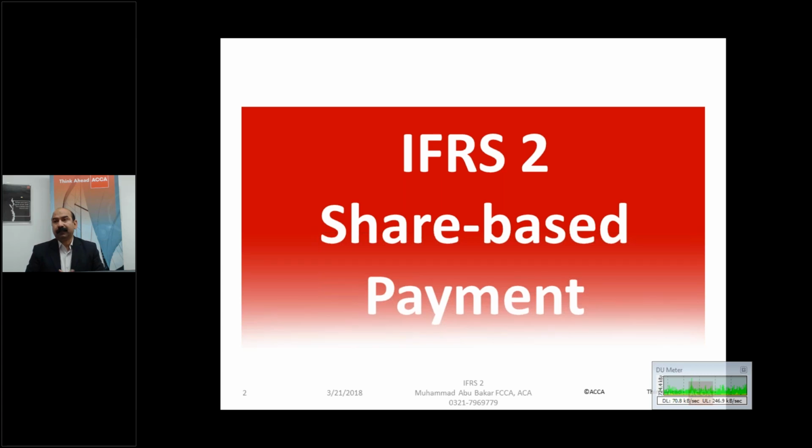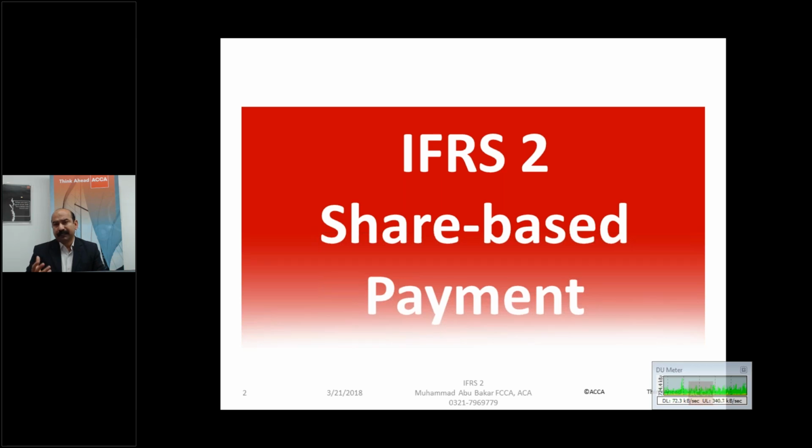We shall be covering the concepts like, number one, what are the accounting treatments of different types of share-based payments?